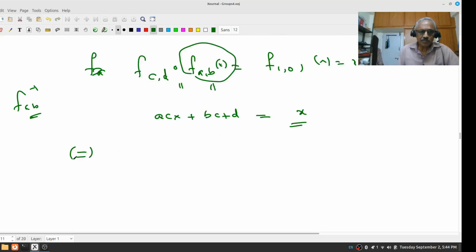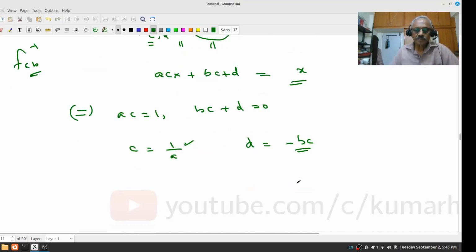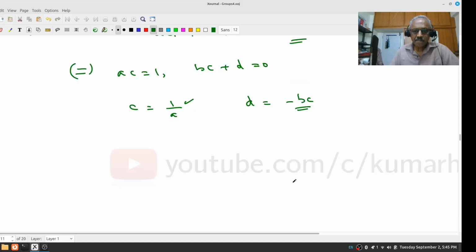This happens if and only if ac must be 1, and bc plus d must be 0. What are the unknowns? c and d. Therefore c must be 1 by a. We found that out. And what must d be? d must be minus bc. So f of (a, b) inverse is f of (1 by a, minus bc).